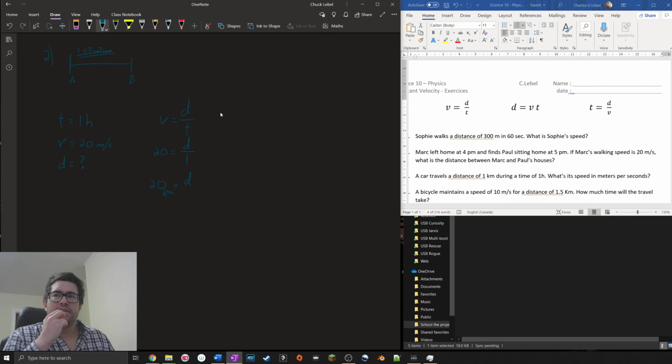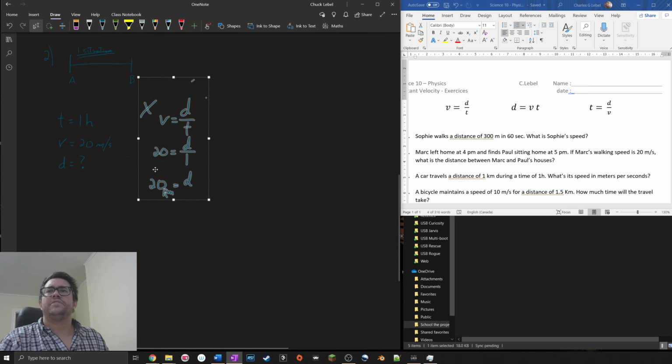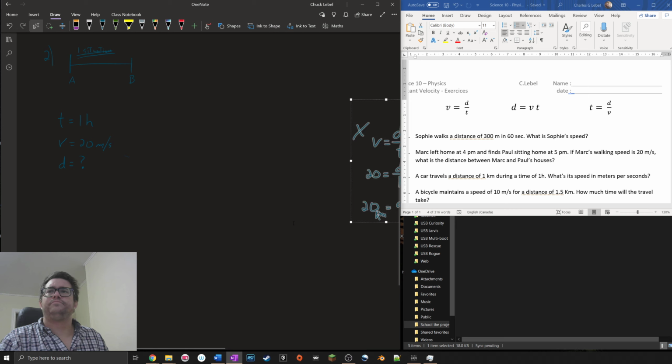Well, if that was the case, it would take 1,000 seconds, and 1,000 seconds is not 1 hour. So it's not. That's why it's no good. So this is not going to work. It's a big X. We're going to take all this, move this to the side. The problem that we face is that the units here are not the same.